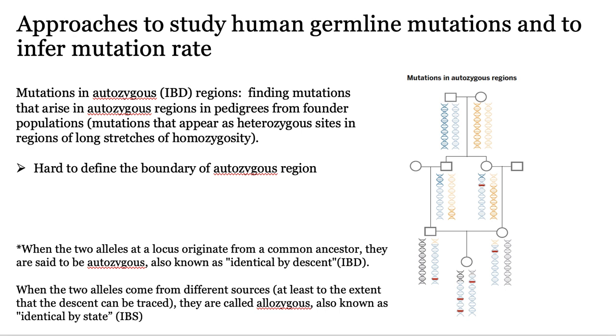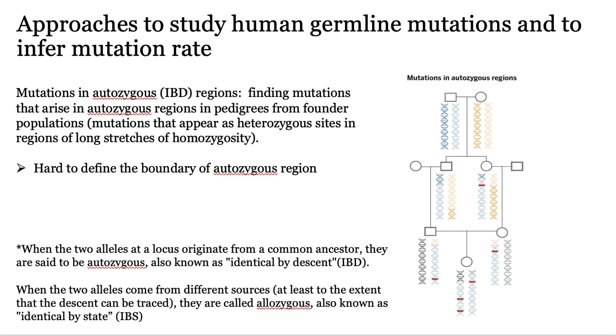So if we know that these two regions are identical by descent, from the same ancestor, if there's no mutation, those two alleles should be 100% the same. And in this case, if we find a difference in those two alleles, then those differences represent mutations that happened in one of the germ cells.